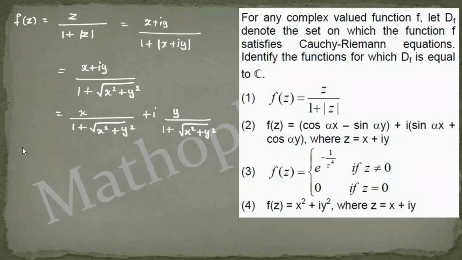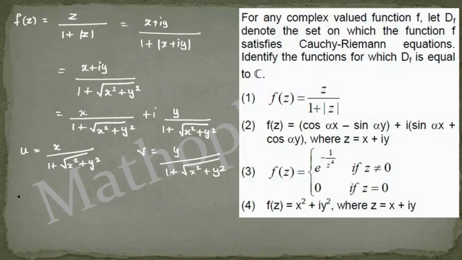So u is equal to x by 1 plus square root of x square plus y square, and v is equal to y by 1 plus square root of x square plus y square.